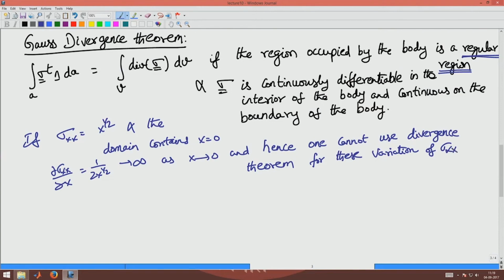In other words, if you are looking at fracture mechanics, the crack tip has a stress blowing up to infinity.